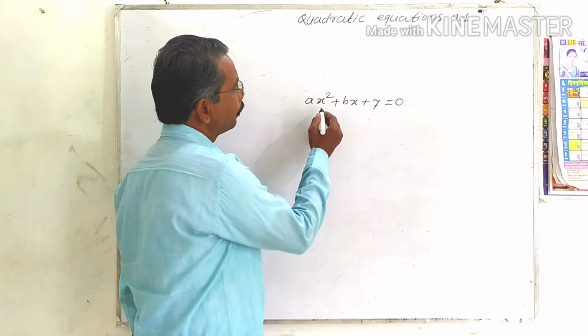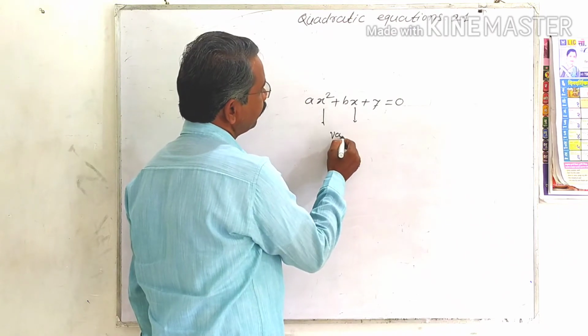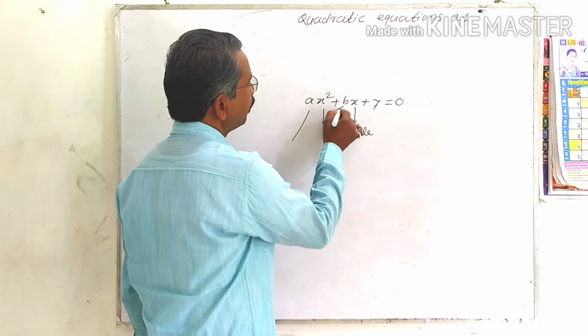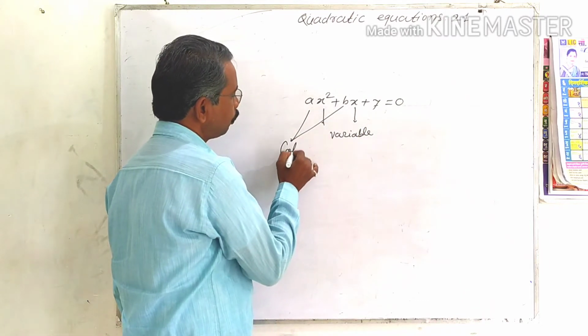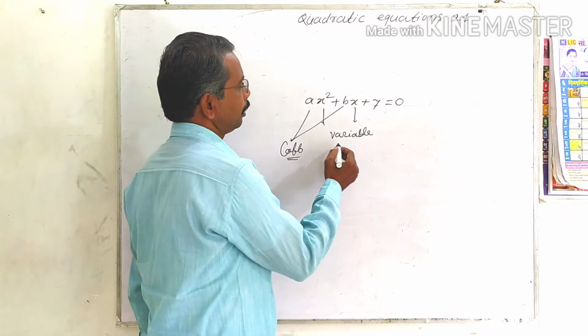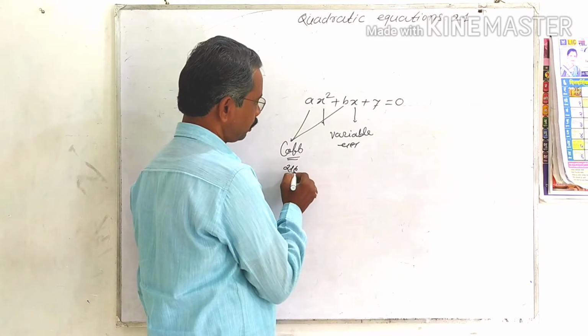Look, here is the variable and this is called the coefficient. In Marathi it is chal and sahagunak.